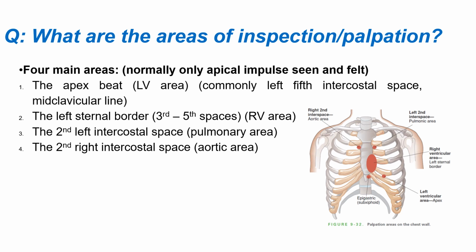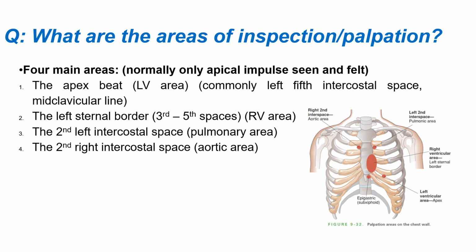Inspection and palpation, the first thing we need to know is what are the areas we are supposed to inspect and palpate. So in cardiology we have four important areas which we have to know.